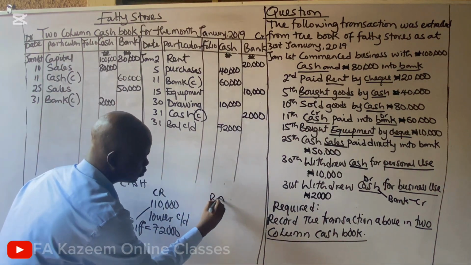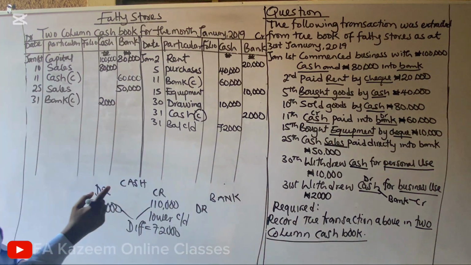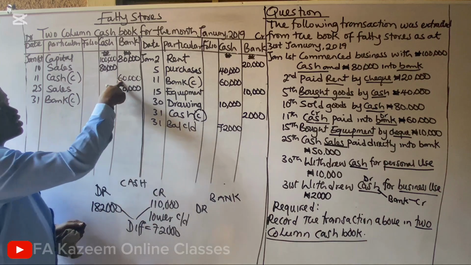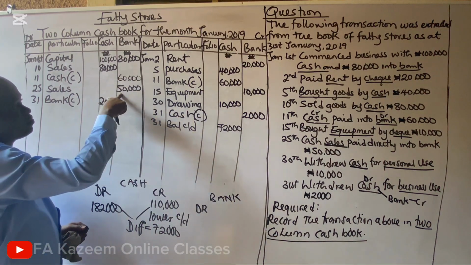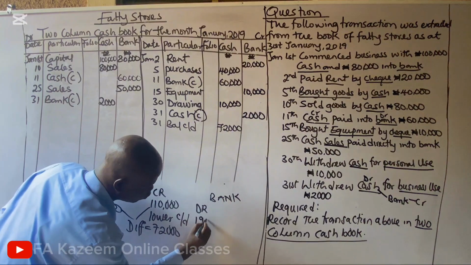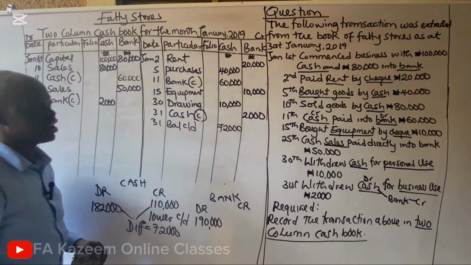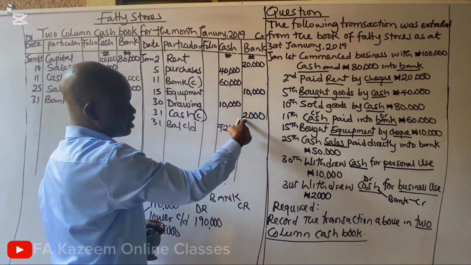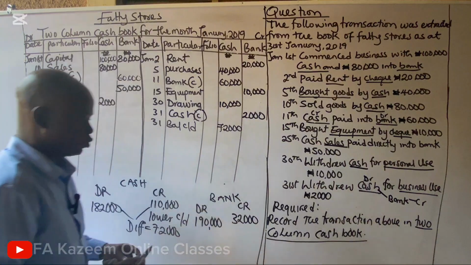Let's look at the bank column. Let's look at how much is their debit. 80 plus 60, that's 140,000. 140 plus 50,000, that is a total of 190,000 debit. On the credit side, they have 20 plus 10, that's 30. 30 plus 2,000, that is 32,000.